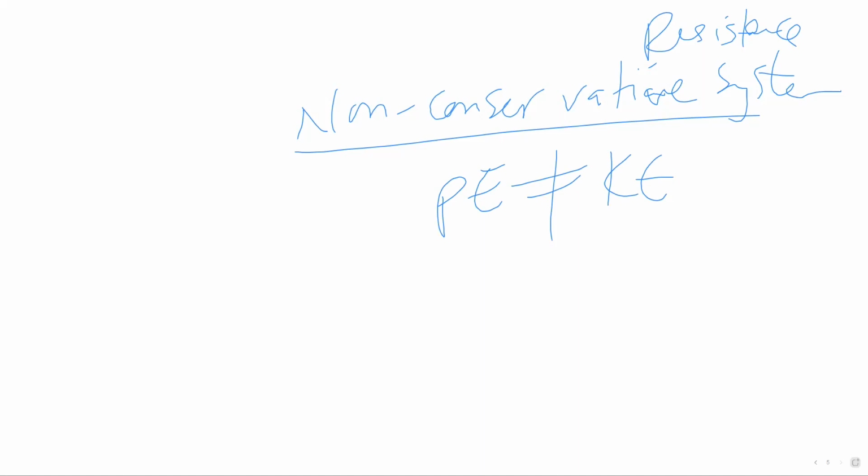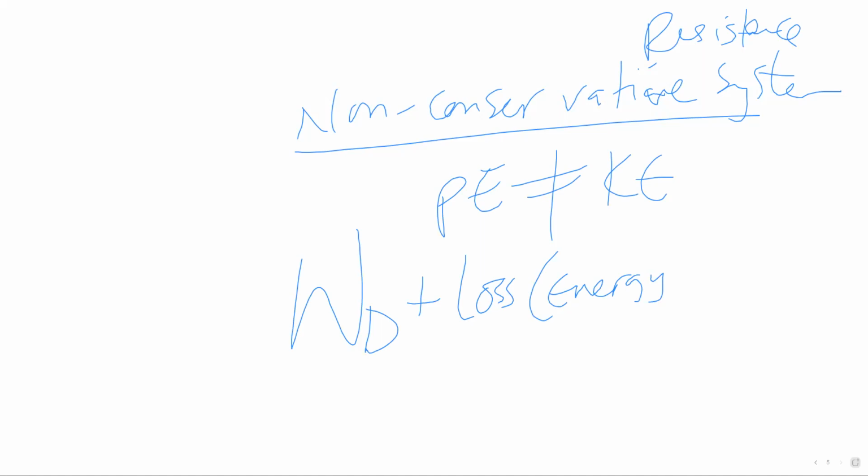And there's a formula that you have to be using. That is the work done by the driving force plus the loss in energy. Now, for this loss in energy, you first have to identify which energy is being lost. Is it kinetic energy or potential energy? The energy which is being lost is the energy that you put here.